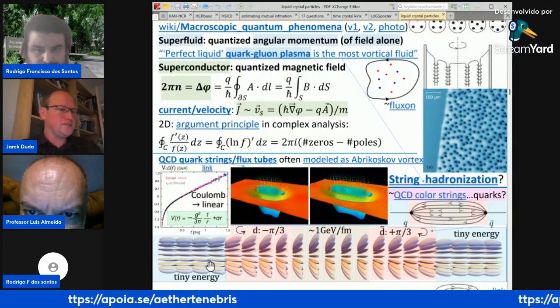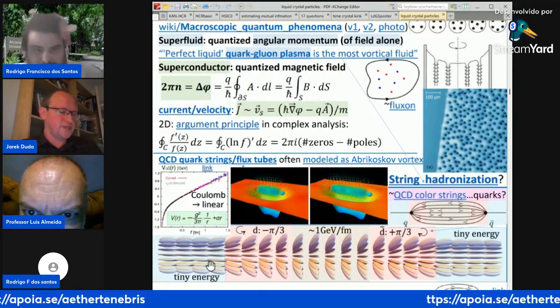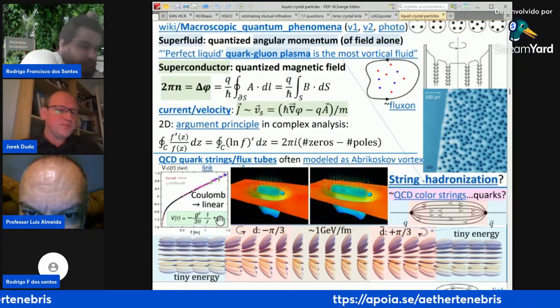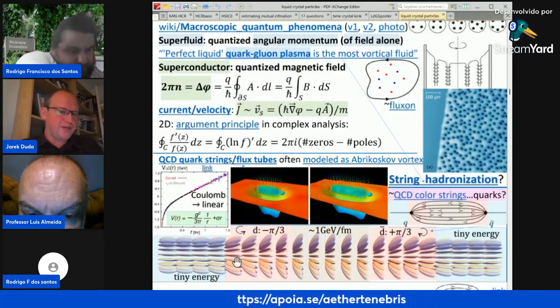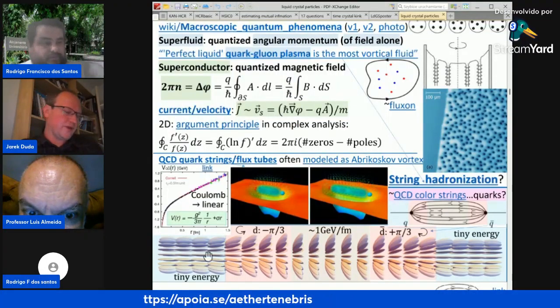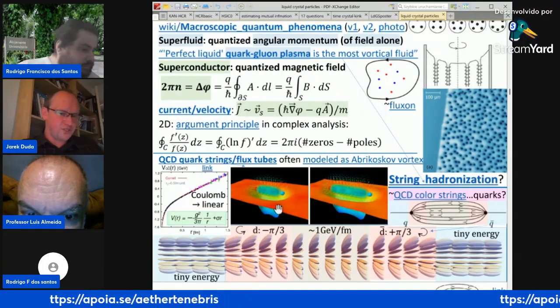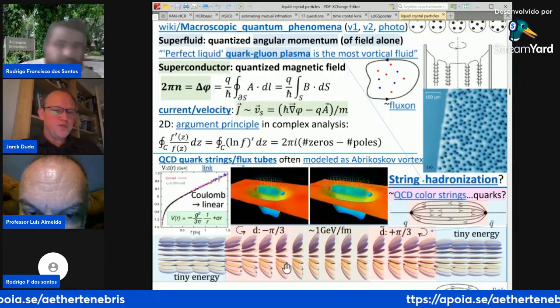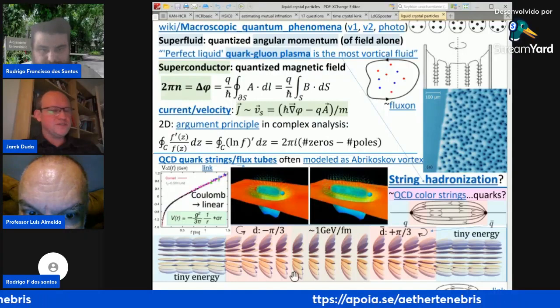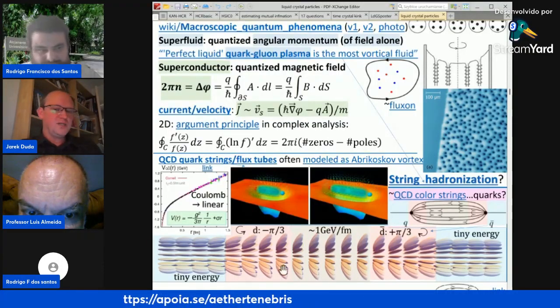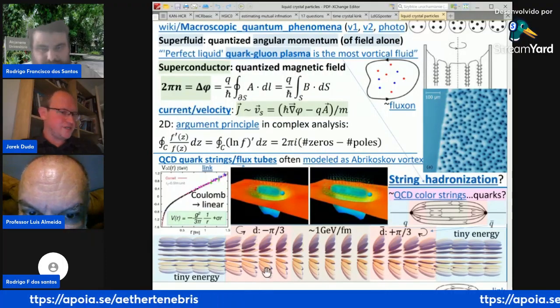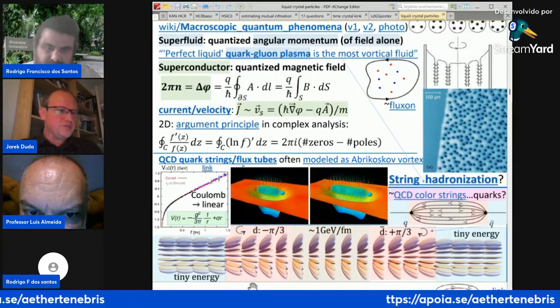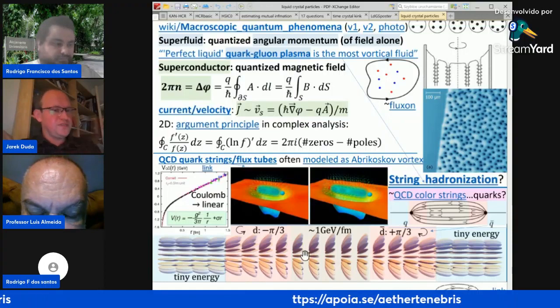And a hedgehog for us is a quantized charge as electric charge. But you can perform a fractional rotation, like pi third. This way we get fractional charge, like quarks. However, it brings some conflict between them. There is something strange going on here, so it has large energy. We can do it, but it has large energy, indeed growing linearly with distance.